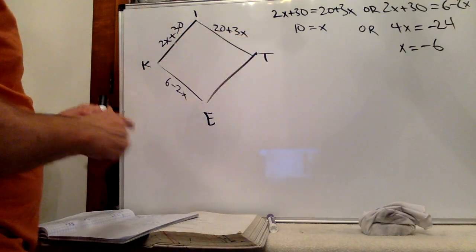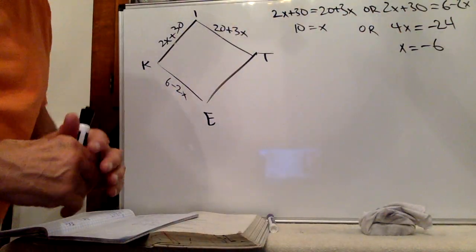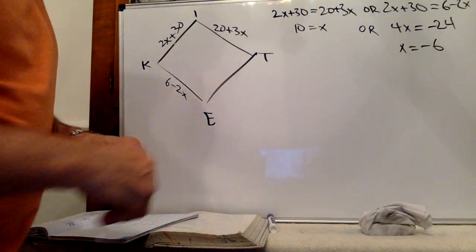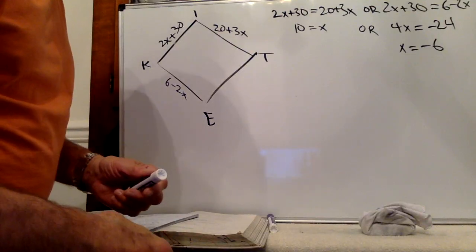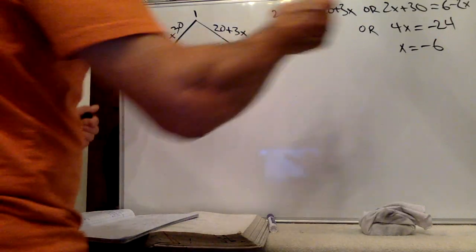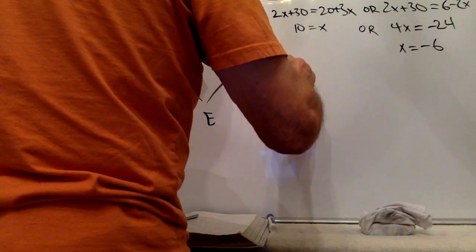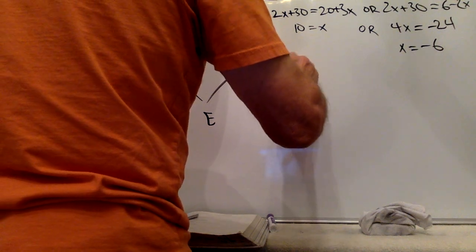Now, don't do this. Please don't say, oh, can't do it. That doesn't work because you'll get a negative side. Well, remember, x is not the measure of the side. It's used to find the measure of a side. So don't eliminate that yet. As a matter of fact, we're not going to eliminate.